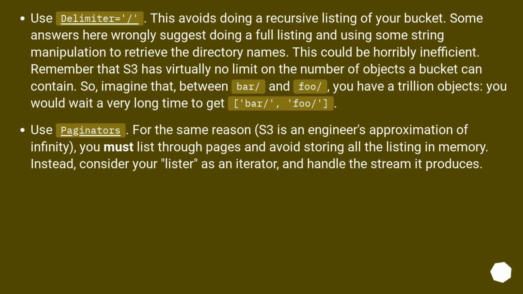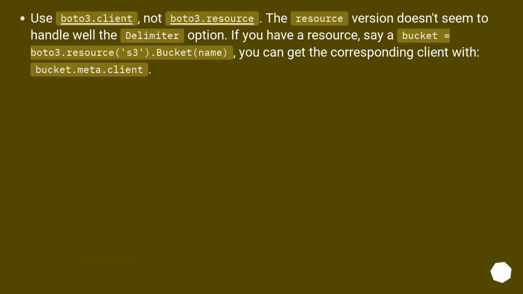Use paginators. For the same reason, S3 is an engineer's approximation of infinity. You must list through pages and avoid storing all the listing in memory. Instead, consider your lister as an iterator, and handle the stream it produces. Use boto3.client, not boto3.resource.